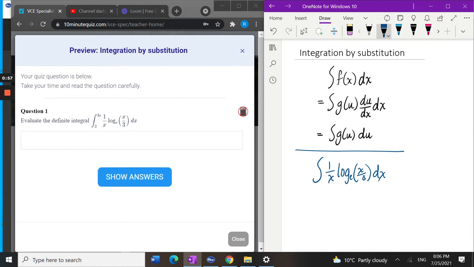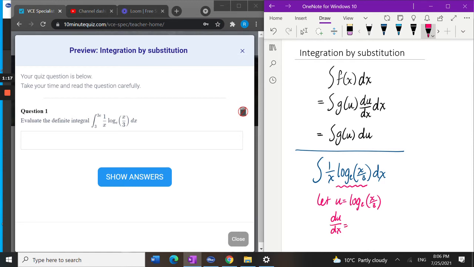First question is, what should we choose for our function u? In this case, it makes sense to choose this part, because if we choose u as the log of x over 3, then what will our derivative be?